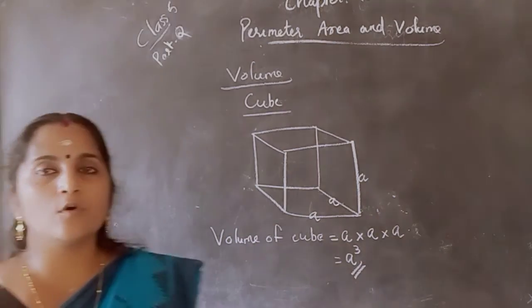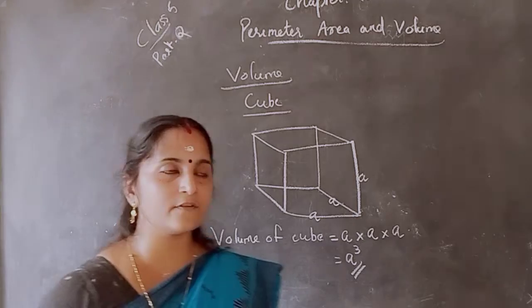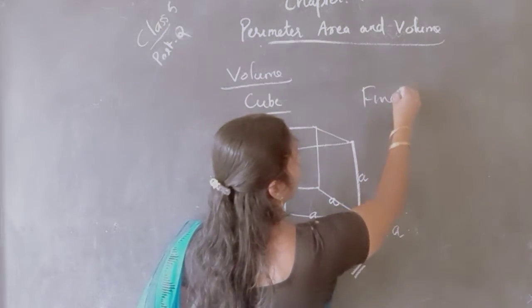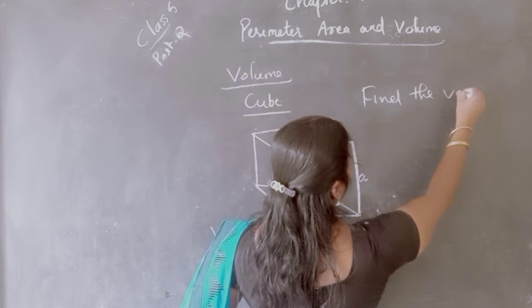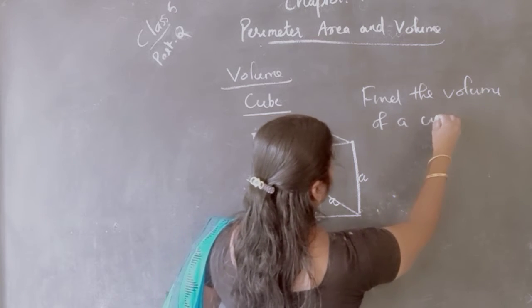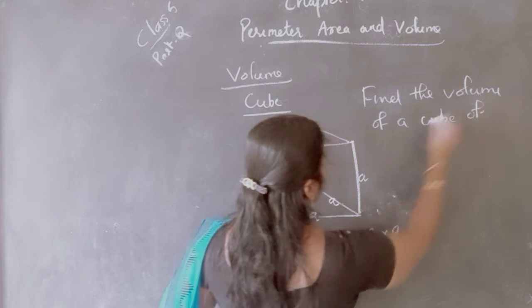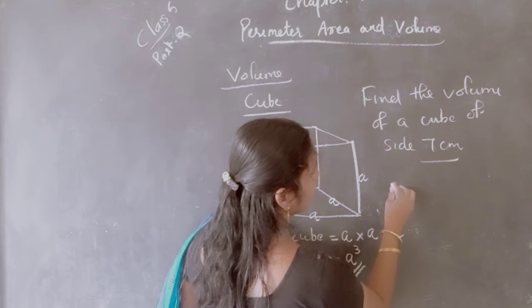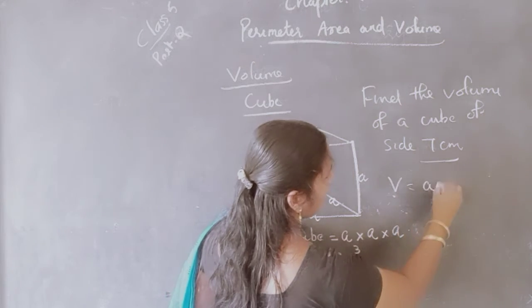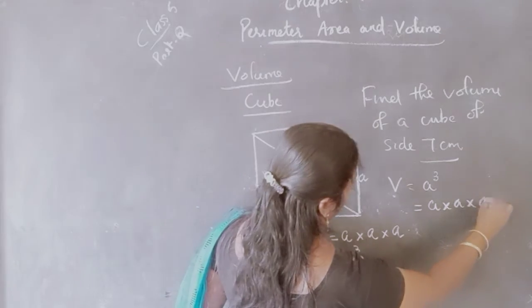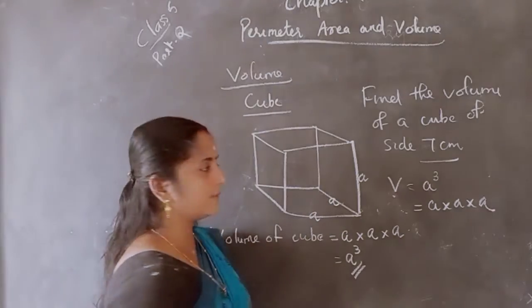So what is the volume of a cube of side 7 centimeter? Volume is equal to A cube. A cube means A into A into A, A multiplied 3 times.